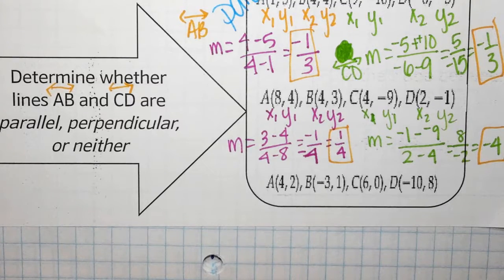A negative divided by a negative is a positive, because both 1 and 4 are negative. So you get 1/4. Negative 1 divided by negative 4 gives you positive 1/4.